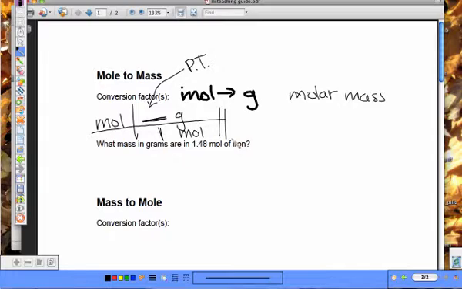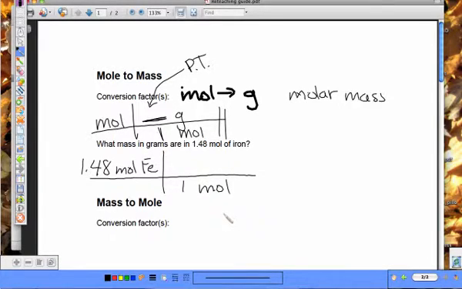So what's the mass in grams of 1.48 moles of iron? So we start with how much we actually have. We have 1.48 moles of iron. Grams of iron on top. So do you multiply or divide?